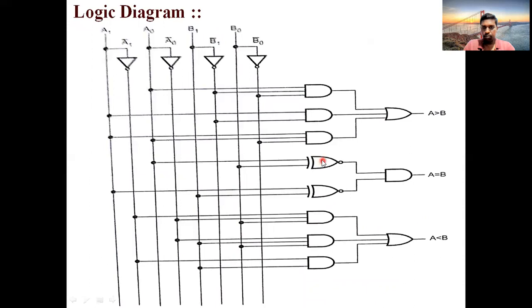So I took one XNOR gate and inputs are A0 B0, second XNOR gate A1 B1, and these two are linked with an AND gate. Why? Because A0 XNOR B0 into A1 XNOR B1 means AND gate. So this is the answer.